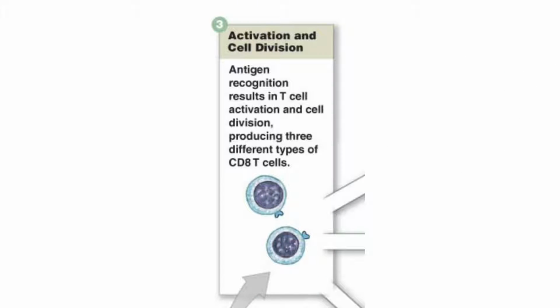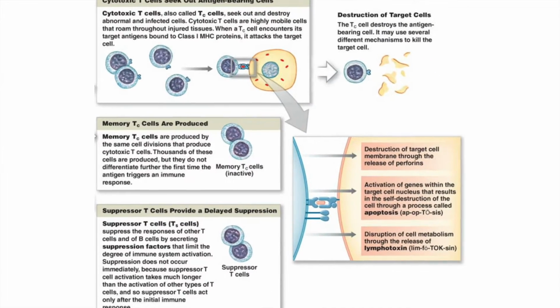Once the T cell is activated, it's going to divide rapidly into, first of all, cytotoxic T cells. The cytotoxic T cells are the ones that seek out and destroy cells bearing their target antigen. These cytotoxic T cells can release perforins, which destroy the target cell's plasma membrane and cause lysis.